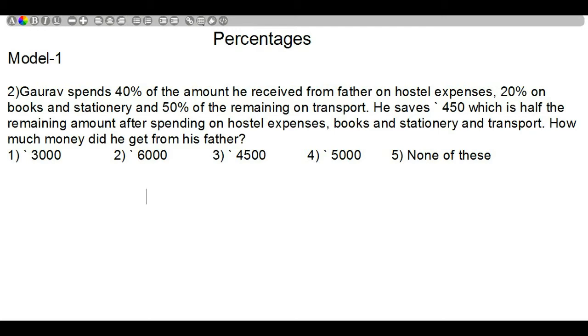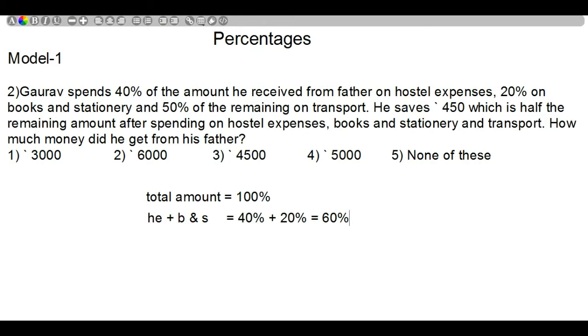Now, as discussed earlier, let us assume that the total amount is 100%. So total amount what he has got from his father is 100%. Now, he has spent 40% on hostel expenses, 20% on books and stationery, and 50% of the remaining on transport. So for hostel expenses and books and stationery, the total amount spent is 40% plus 20%, which is equal to 60%.